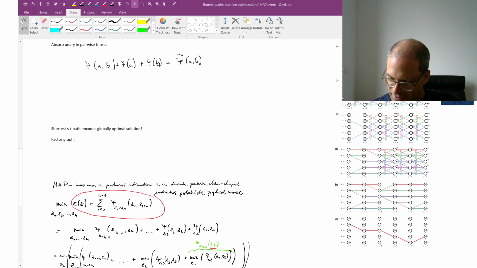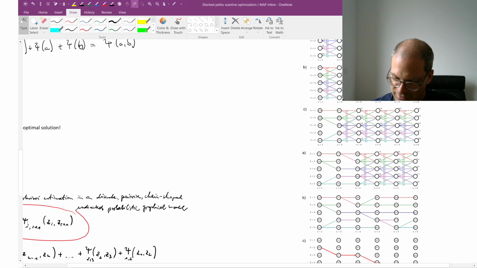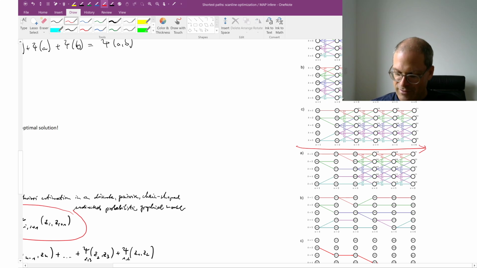So in this kind of picture here, we have from left to right an index, for example, over time, and then we have here the different states.